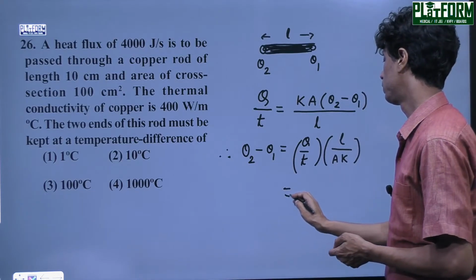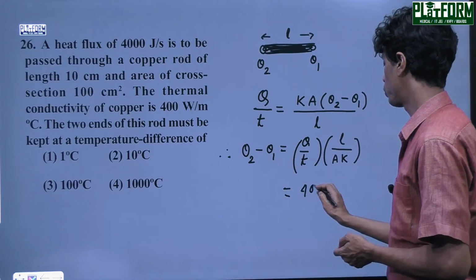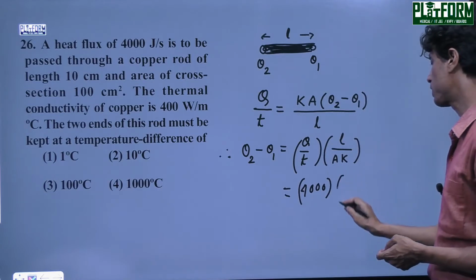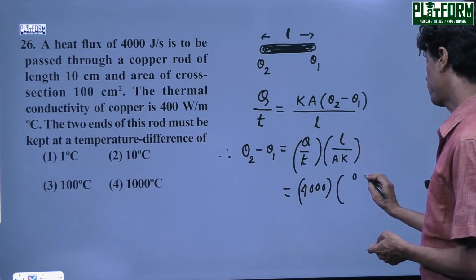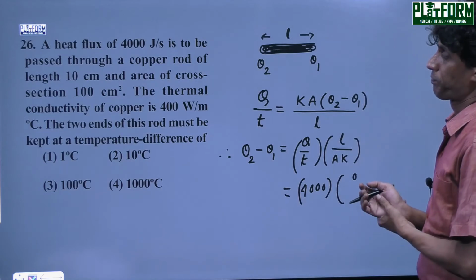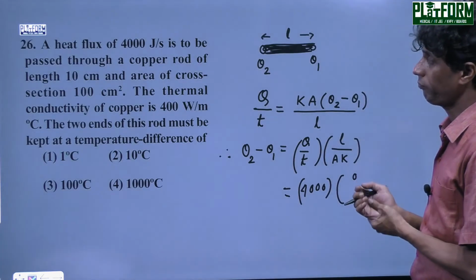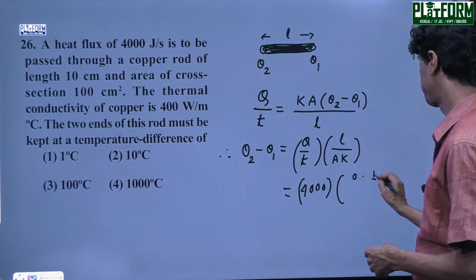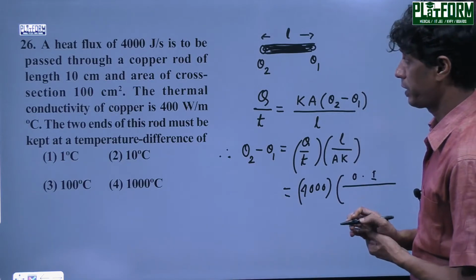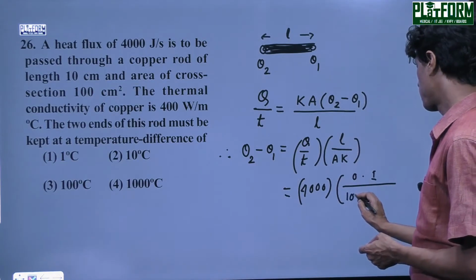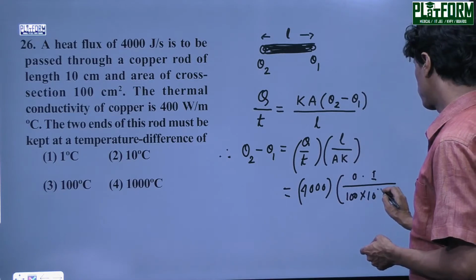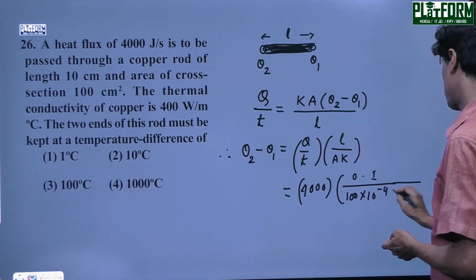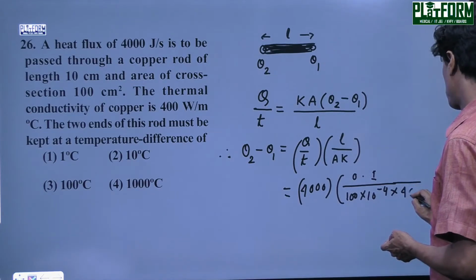and you know it is 4000 joule given in the problem, and the length of the rod is 10 centimeter, that is 0.1 meter, cross section 100 centimeter square, that is 10 to the power minus 2, and the conductivity is 400.